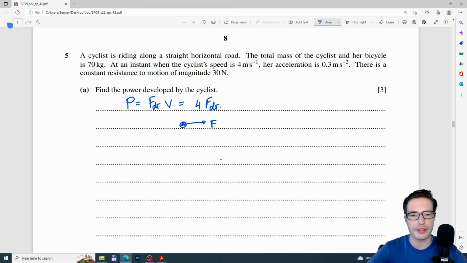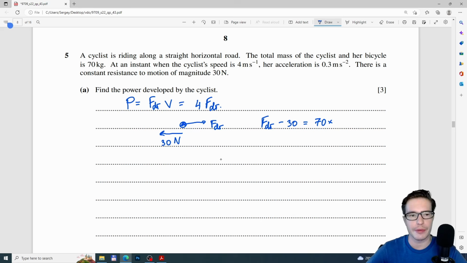So let's say that's a bicycle, and we've got the driving force, and we also have the force of resistance, which is 30 newtons. And no other forces are acting on the bicycle. So the sum of all forces, which is driving force minus 30, should be equal to mass times acceleration.